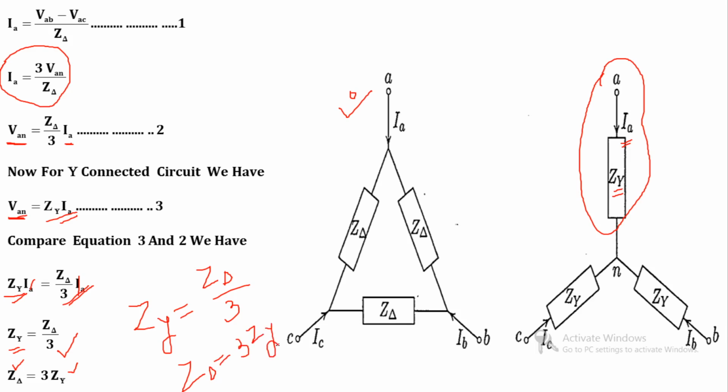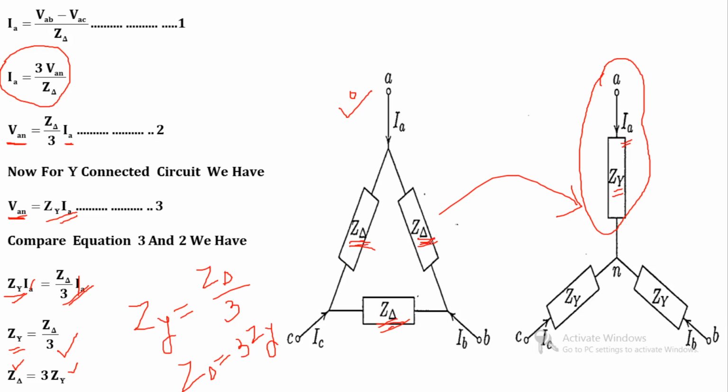Now these two equations are applicable under some condition, and that condition is that all the three phases must have the same impedance. If you want to convert delta to star, then you will use this formula, but the condition is that all the three phases must have the same impedance, equal to Z delta.